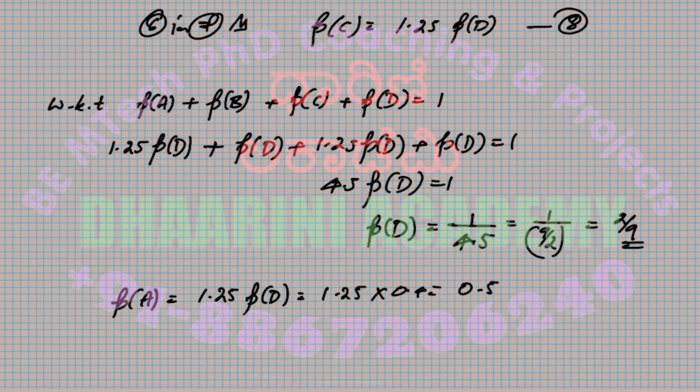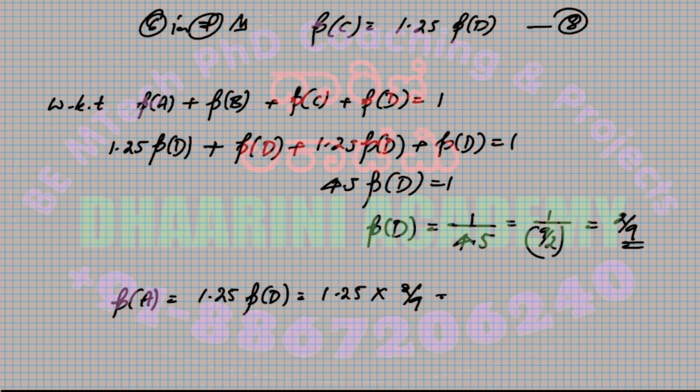Now this changes. This is 1.25 times this, which is 2 by 9. So 1.25 into 2 by 9, let's calculate.